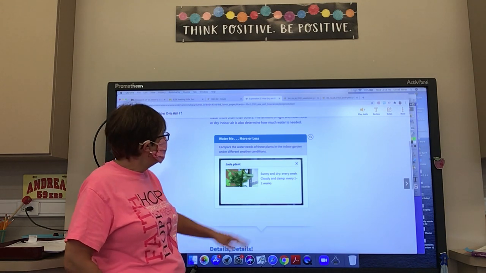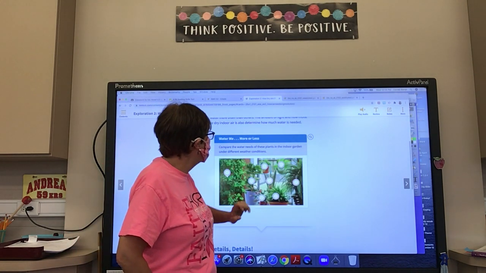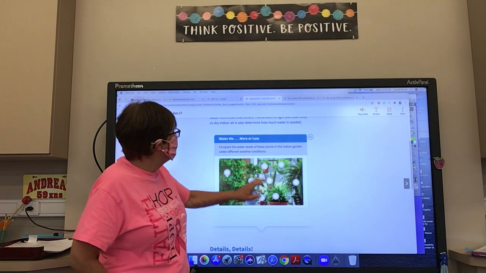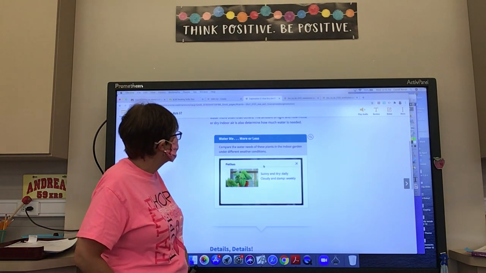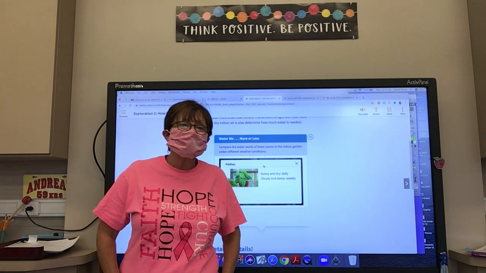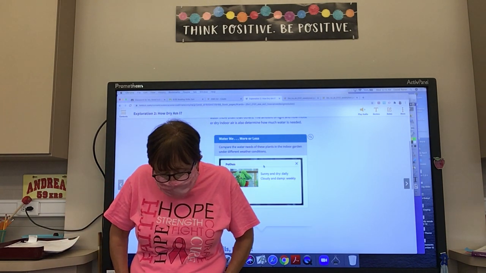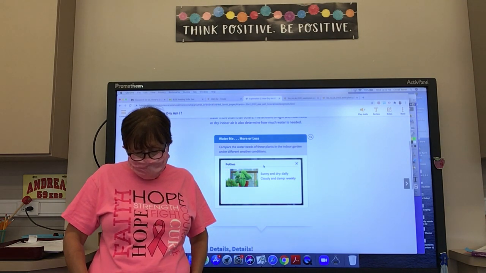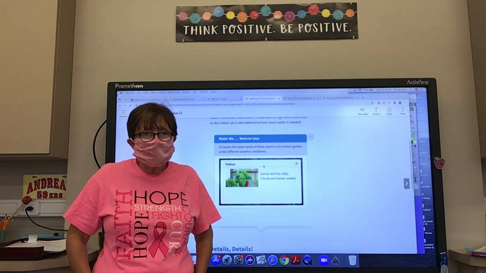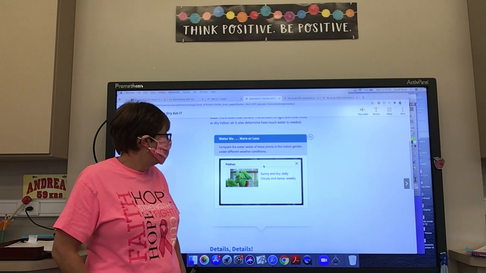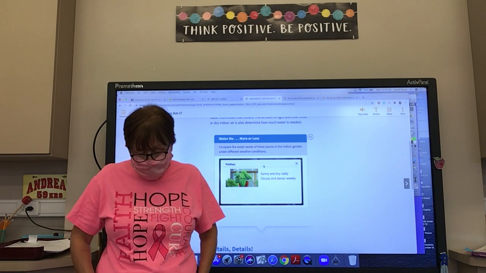Let's try plant G, so that was the jade plant. Plant G is up here. Ethan, would you like to read about our plant G, our pothos? Yes. Sunny and dry, daily. Cloudy and damp, weekly.